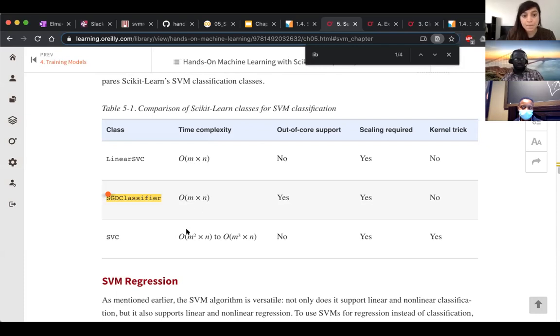But SVC, on the other hand, the complexity goes non-linearly higher with the number of instances.